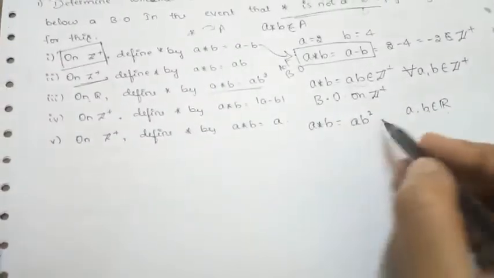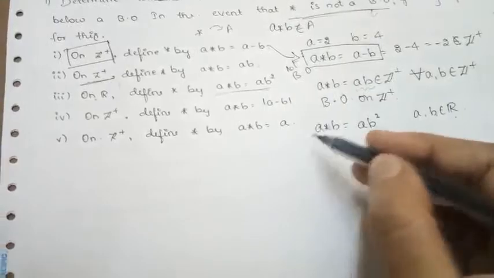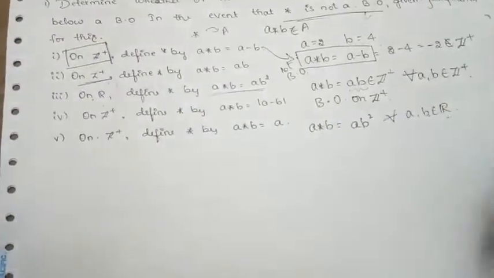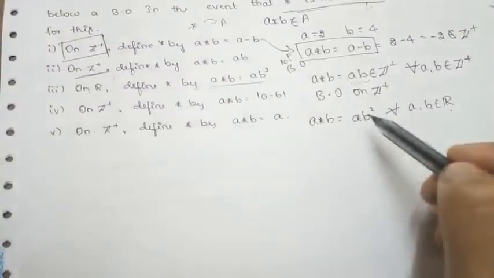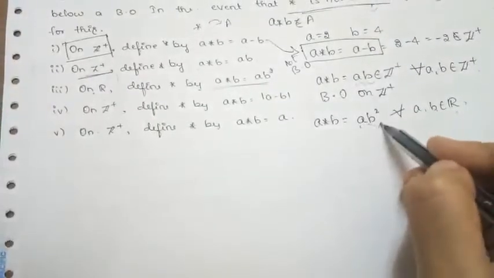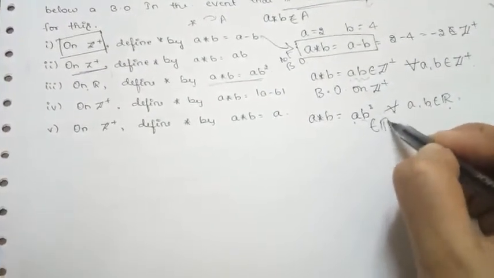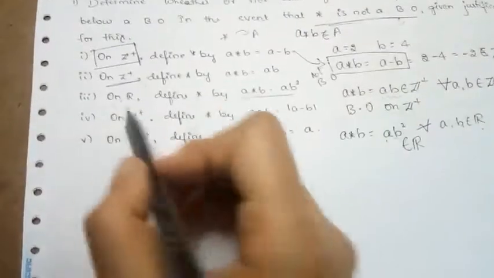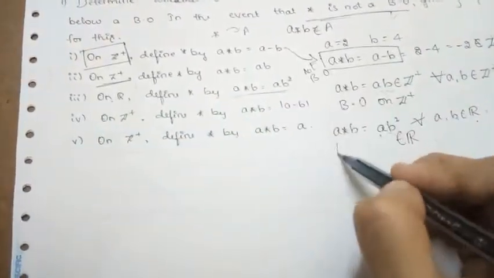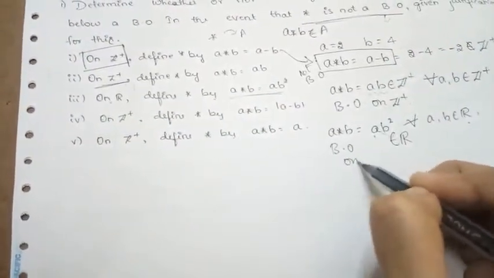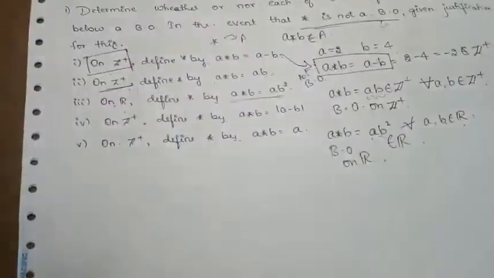So for any A comma B belonging to the set of real numbers, AB square is also going to belong to the set of real numbers. So clearly the third one is also a binary operation on the set of real numbers.